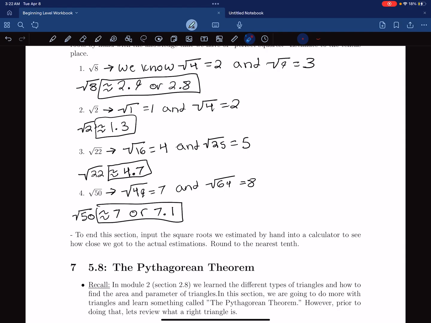And to put square roots into a calculator, you should have a button that says second or 2nd. So you should have a button that looks like this. Here, let me write out steps.